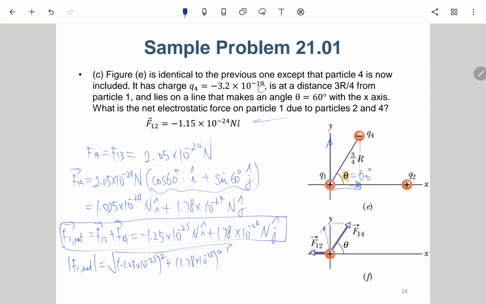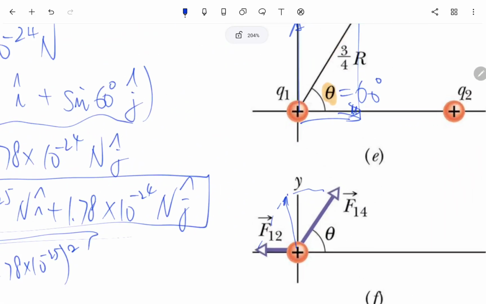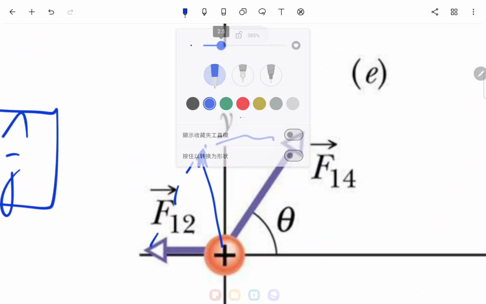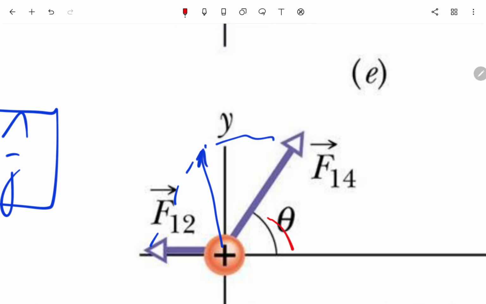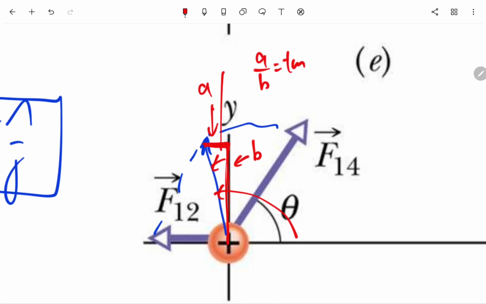And if you need to find the direction, you need to find the angle here, or maybe the angle here, by taking the arctangent. So you know this one, and then divide by this one. This one, let me call it A, this one we call it B. So A over B will be tangent of this angle.